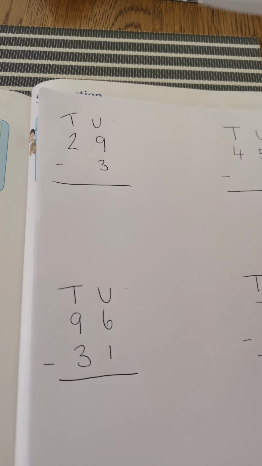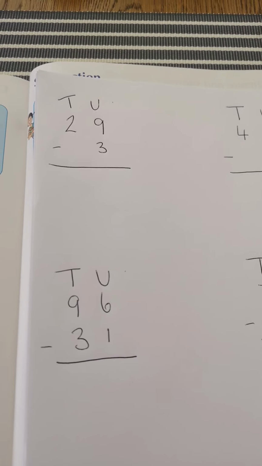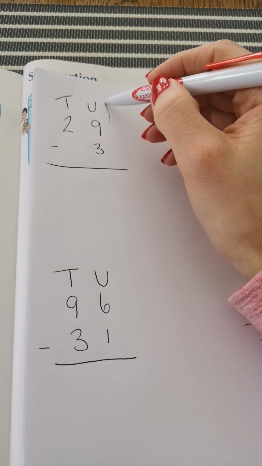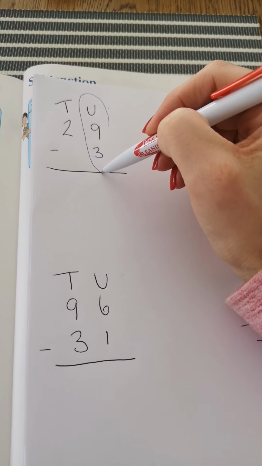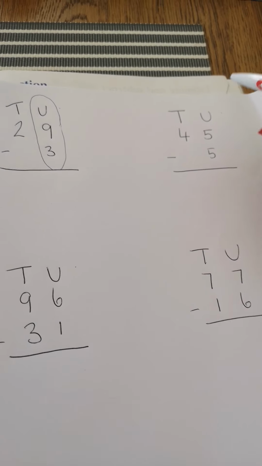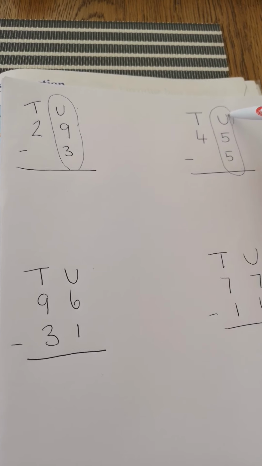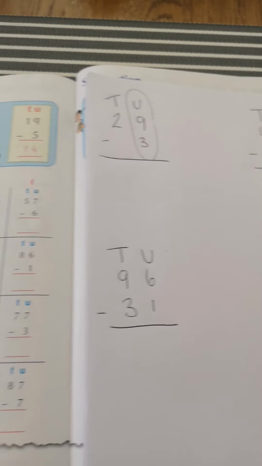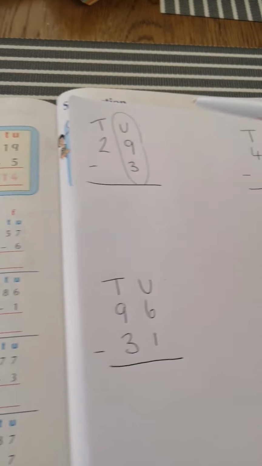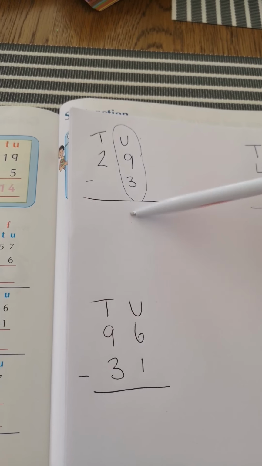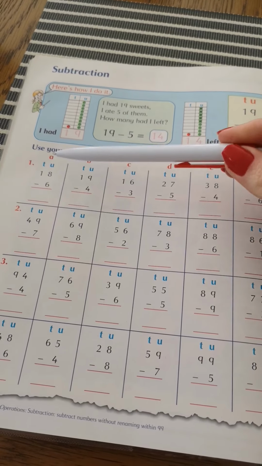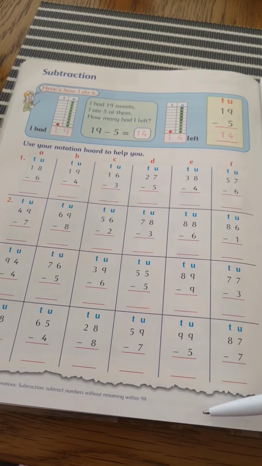Okay, so when we were doing the adding with tens and units, what we used to do is draw a little circle around the units column just to remind us that we had to do that column first. Okay, so what I would like you to do is draw this circle around all the units on this page as you're doing it.